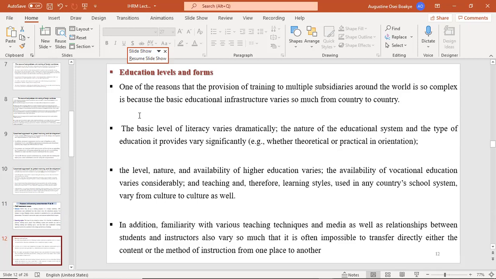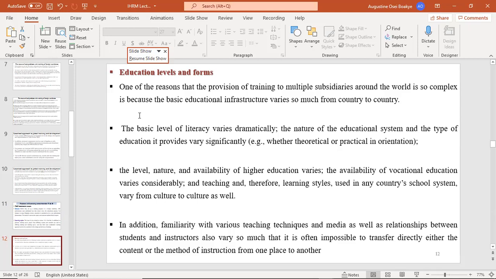Some have even, they go through JSS within 4 years and SHS within 4 years. University in some countries is just 3 years. In other countries, it is 5 years, and so on and so forth.